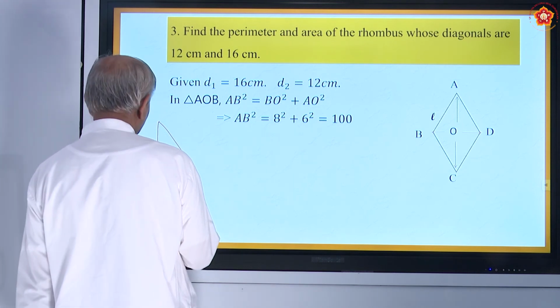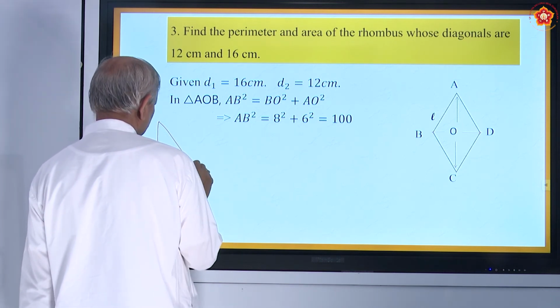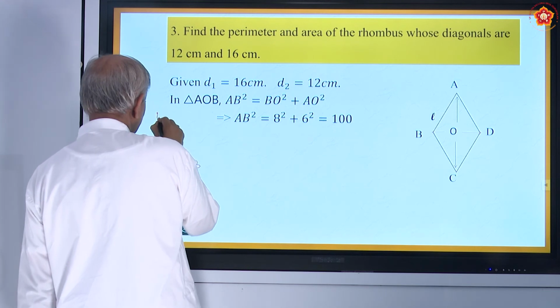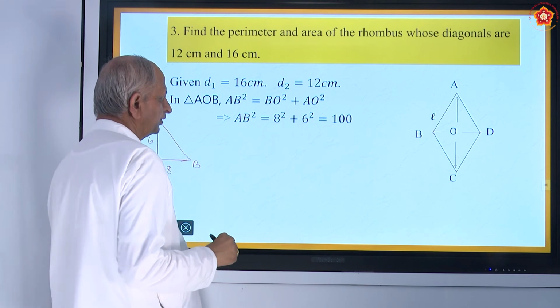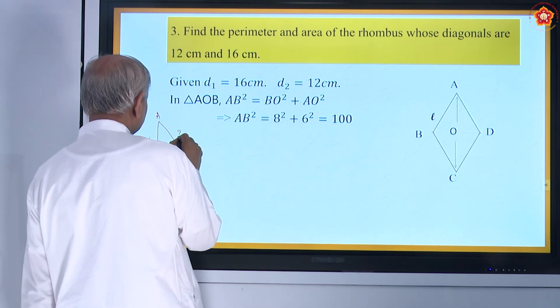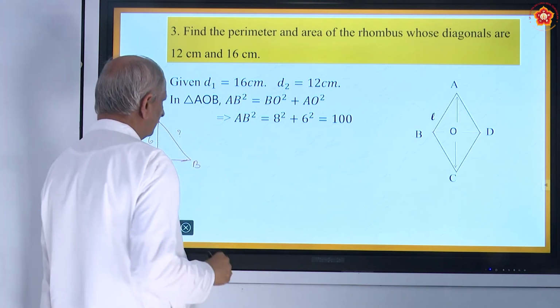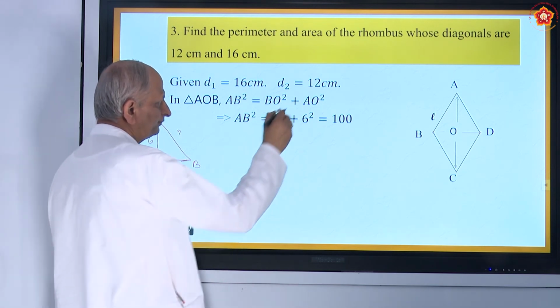BO is given to be 8 and AO is 6. Using that, find out AB. It is a right angle triangle. That is by Pythagoras theorem.